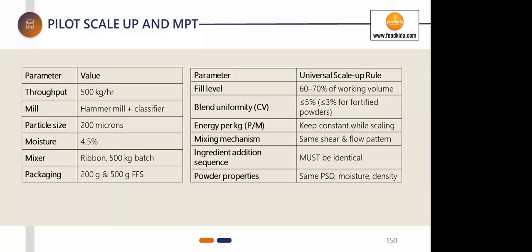Now, blend uniformity is something but the particle size distribution, for powders, I'm again saying this is for powders because we are discussing millet. Sir, sorry. Can you explain what is fill level? Why we need to have this percentage working volume? Because suppose you are using a plowshare mixer. What is there in a plowshare mixer?